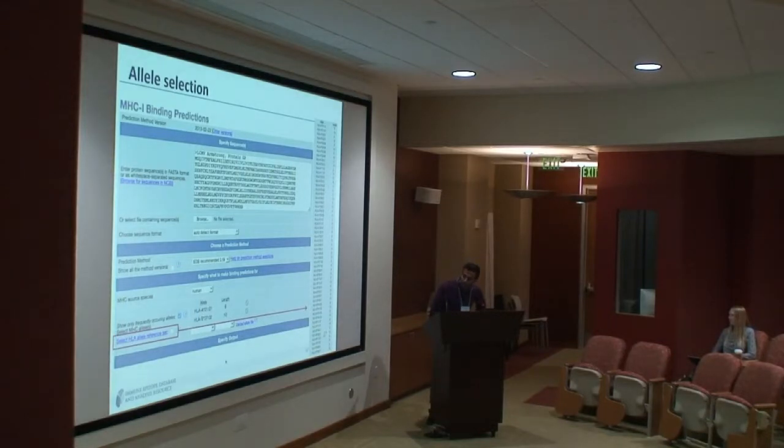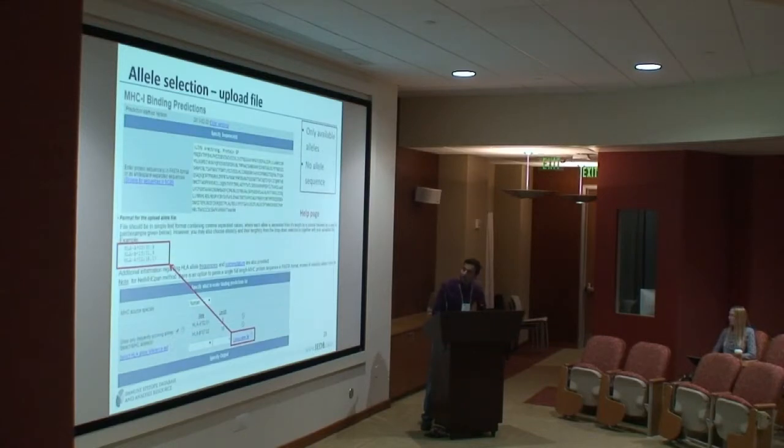Once you click on this particular icon here, it will automatically populate the 9 and 10 length of each allele in the reference chart. Alternately, you can also provide your sequence, and this should be the format of the sequence. You can see this format from the help page, and make sure you select only the alleles that are already there for that particular tool.